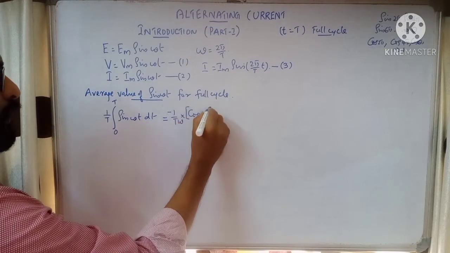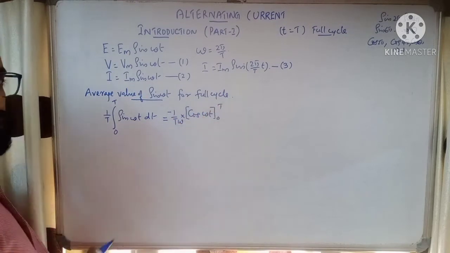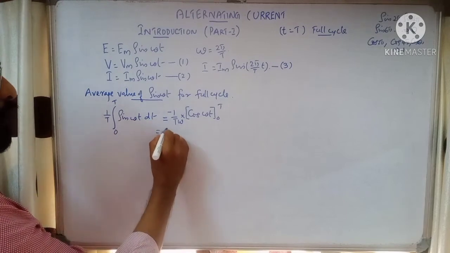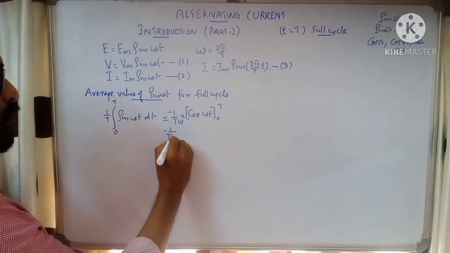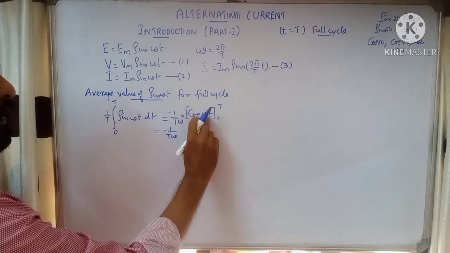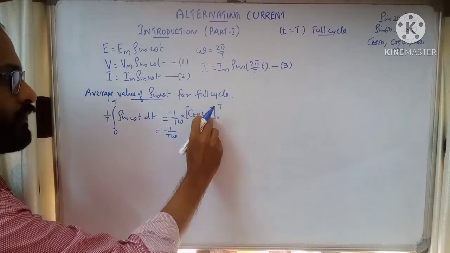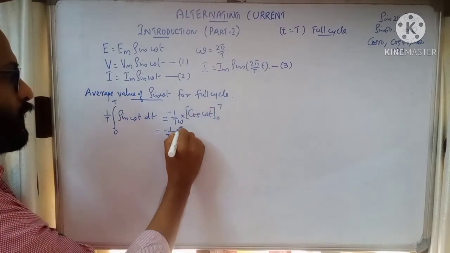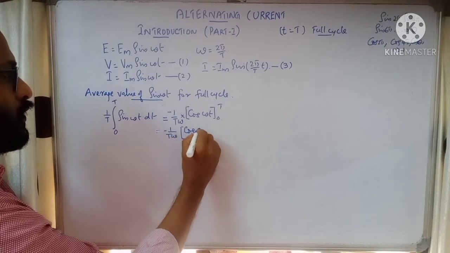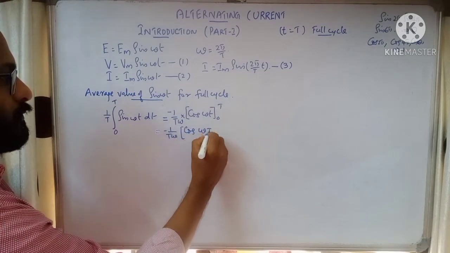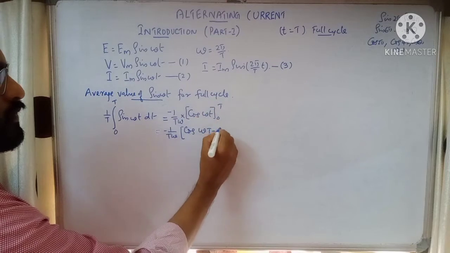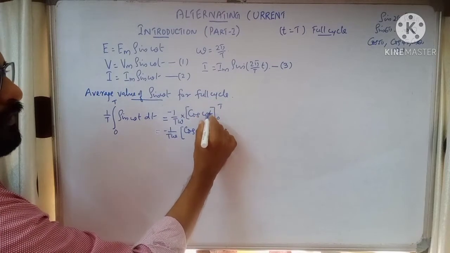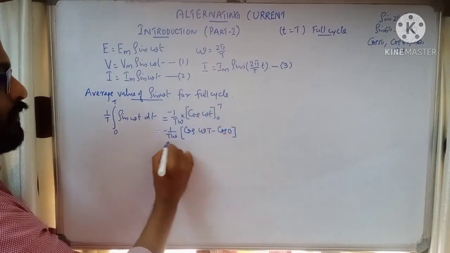Then we need to apply the limits 0 to T. Now what will you get? Minus 1 by T omega into cos omega T for the upper limit, instead of t we give capital T, minus cos 0, for the lower limit instead of t we give 0, cos 0. What will be the value?